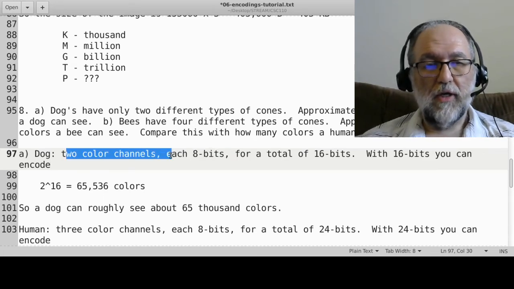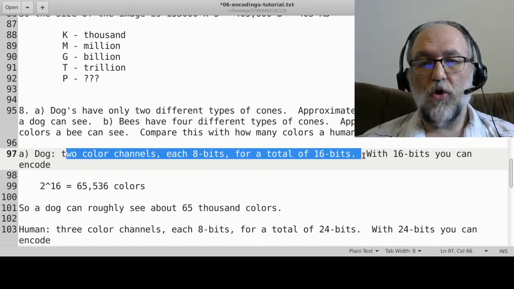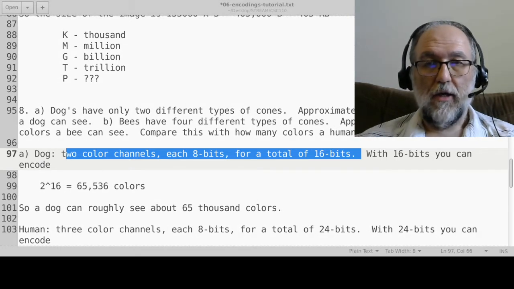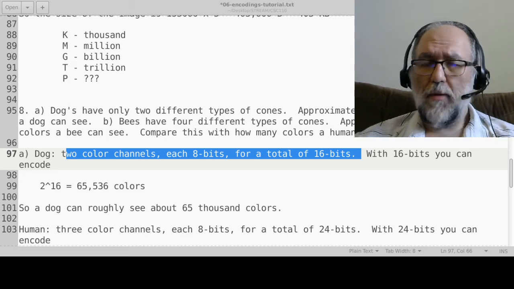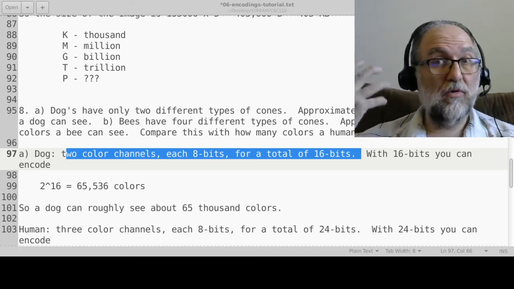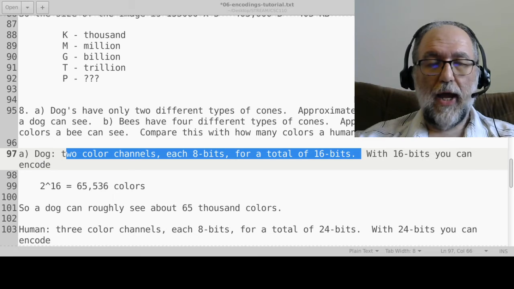So two color channels each require 8 bits for a total of 16 bits. So to encode a color for a dog, you pick any particular color that a dog can distinguish from other colors, and it takes a sequence of 16 ones and zeros, 16 bits, to do that.